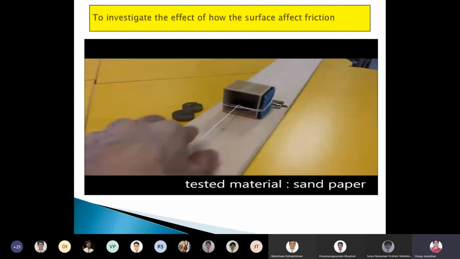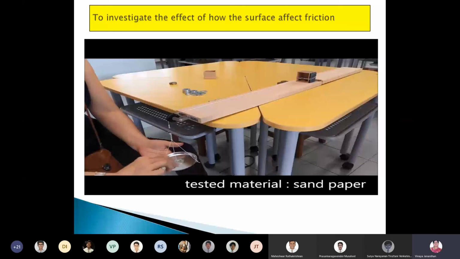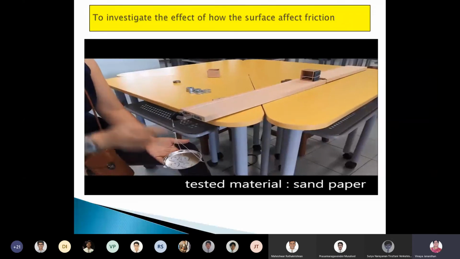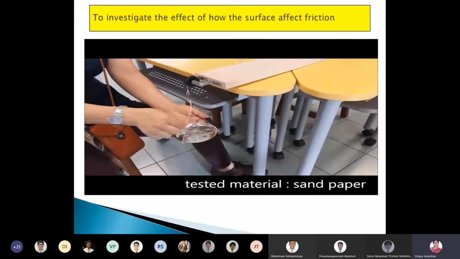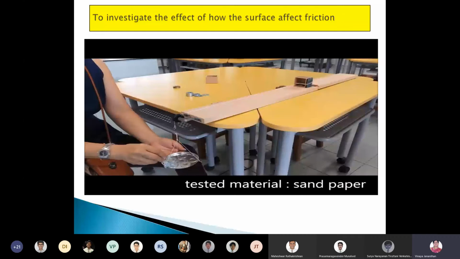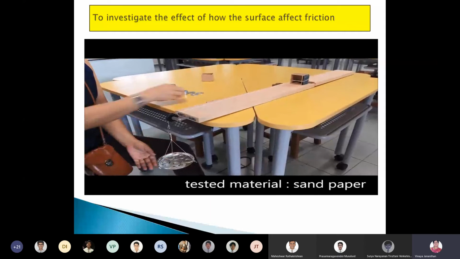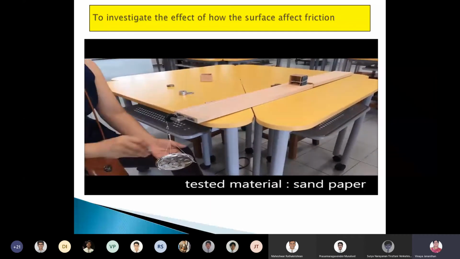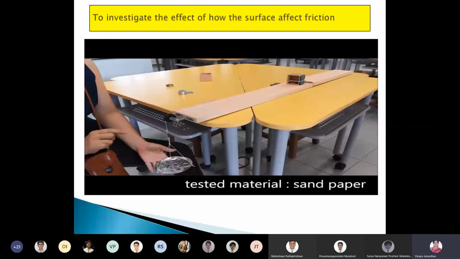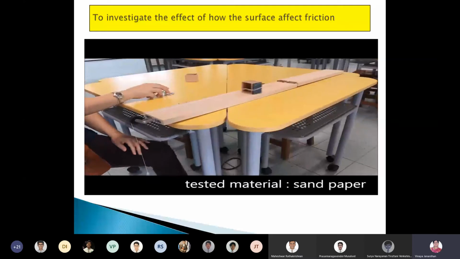Let the weighing begin. 1, 2, 3, 4, 5, 6, 7, 8, 9, 10. Okay, it has already moved, so the number is 10.